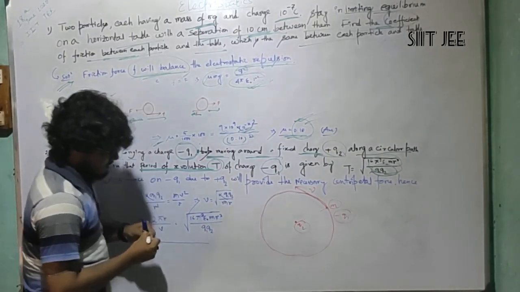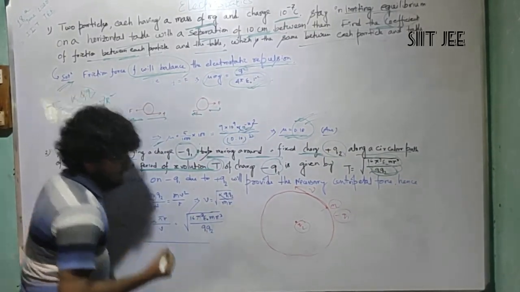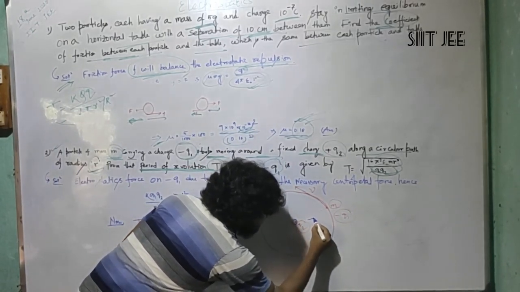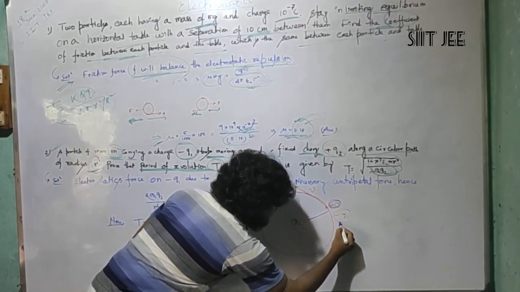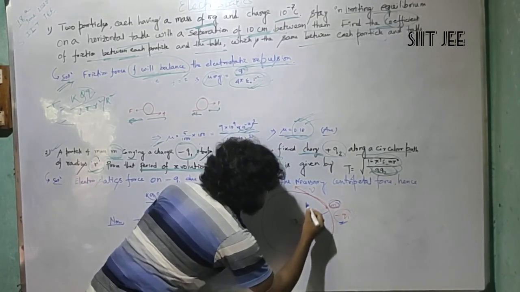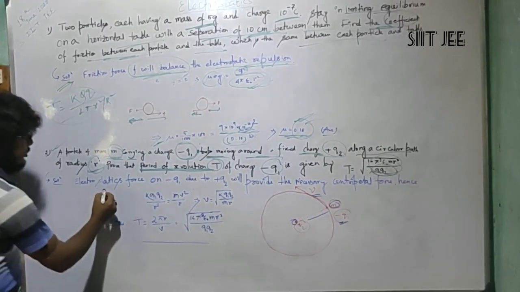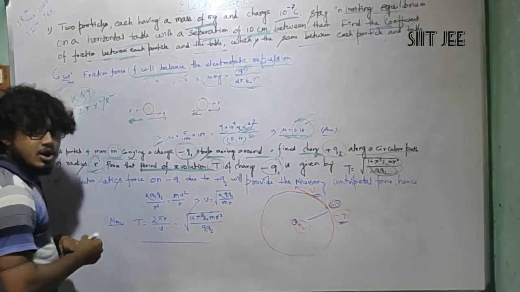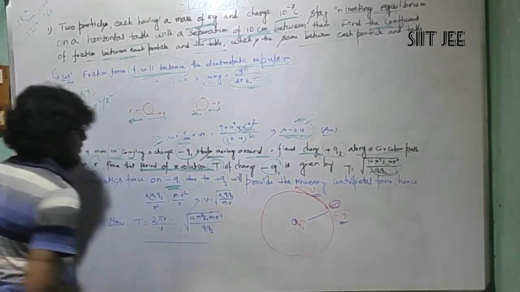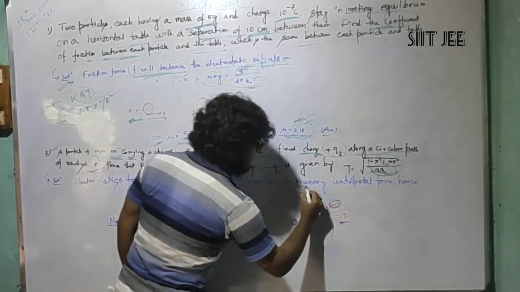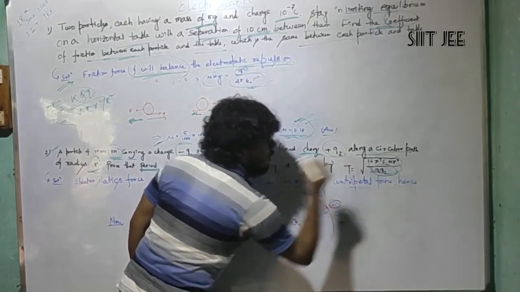And we know q2 is on a circular path. M is the mass, minus q1 is the negative charge, and v. Electrostatic force on minus q1 due to plus q2 will provide the necessary centripetal force.